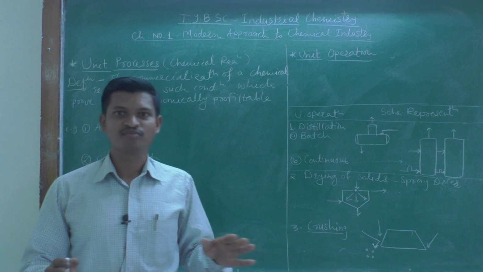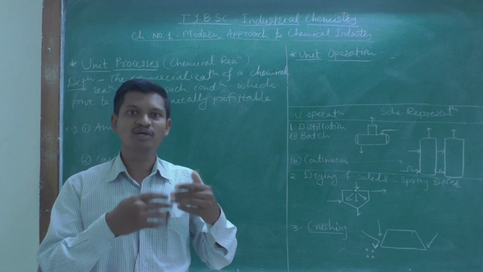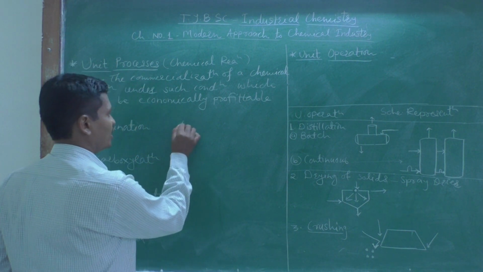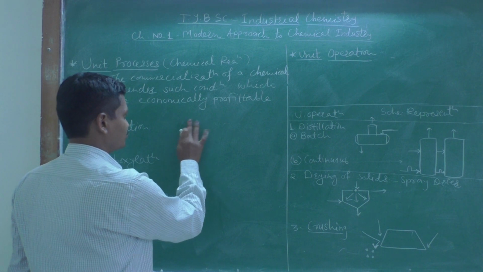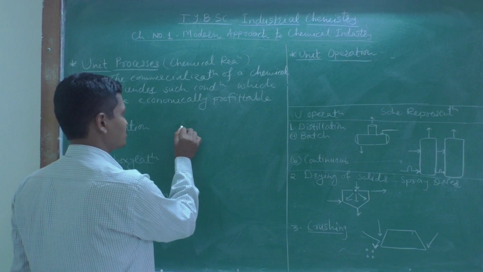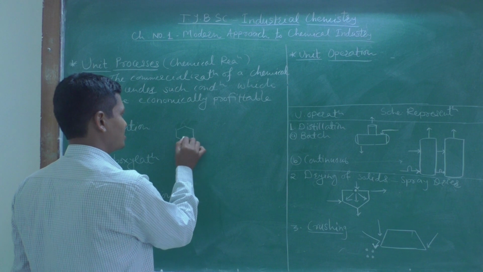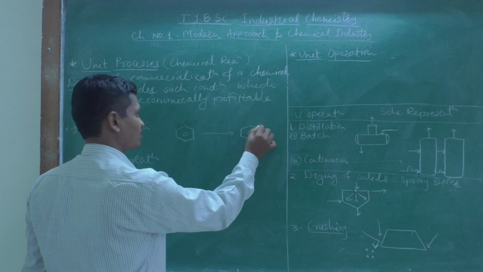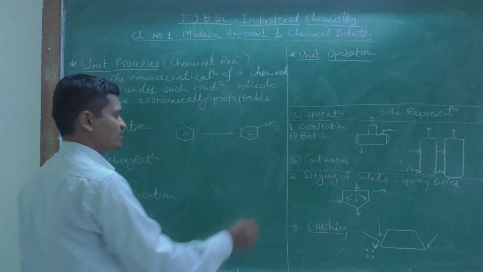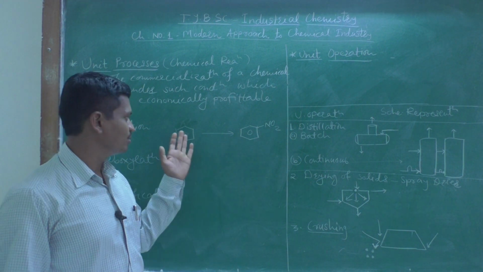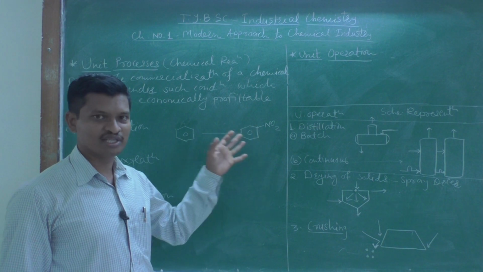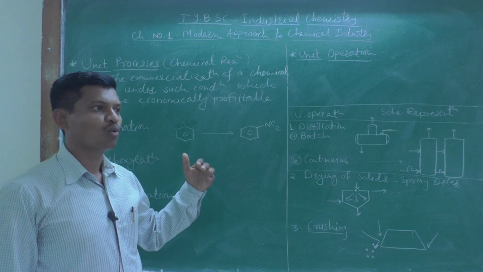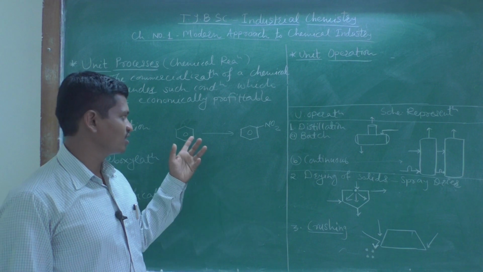In all these three types, our starting material is going to convert into our desired product. Suppose, let us say, we have to convert benzene into nitrobenzene, a simple chemical reaction. But what is unit process?